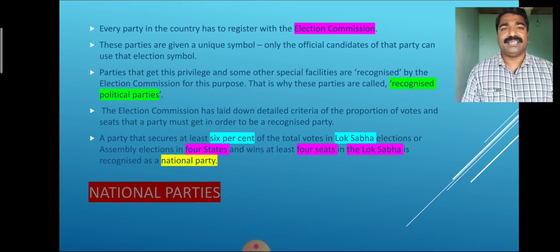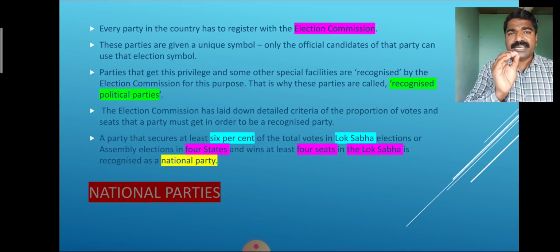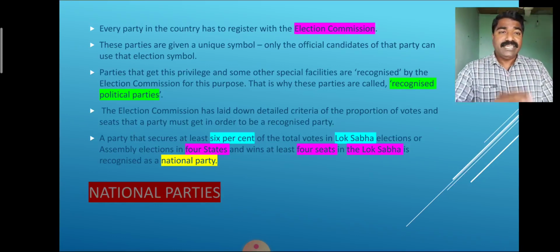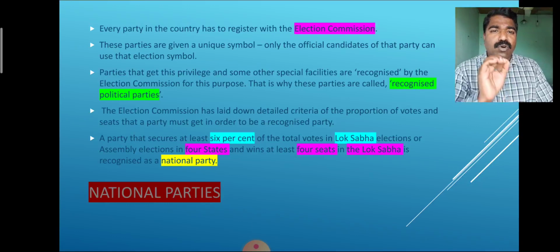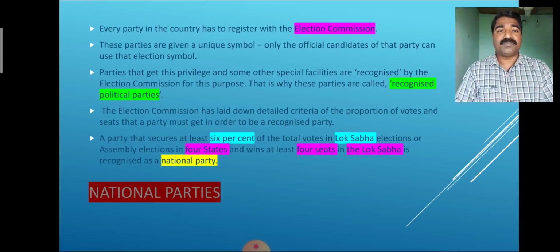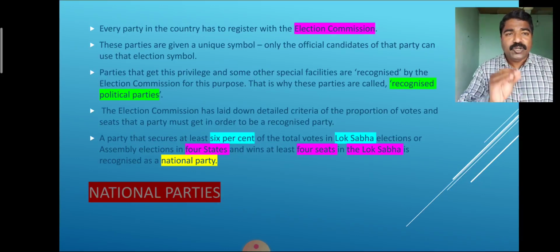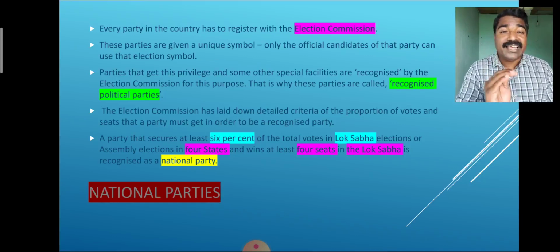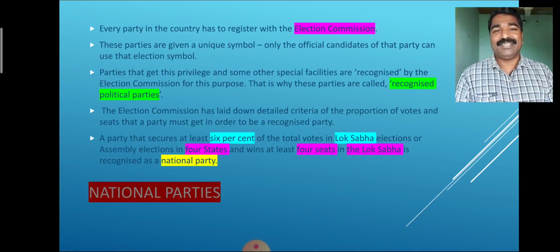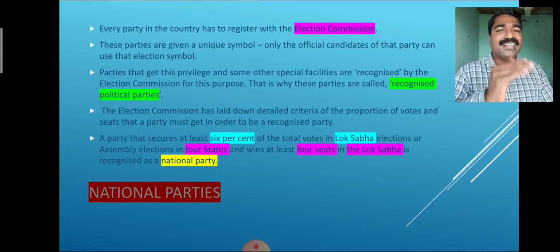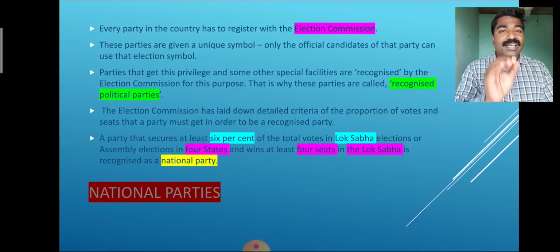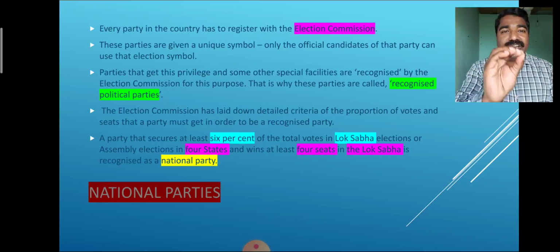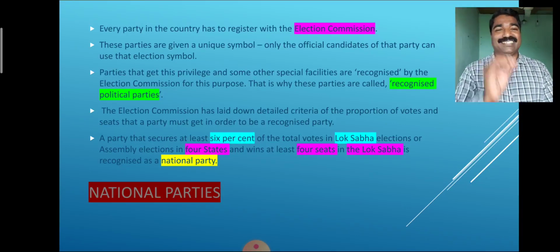The Election Commission has laid down detailed criteria of the proportion of votes and seats that a party must get in order to be a recognized party. You can't be a recognized party unless you fulfill the criteria put forward by the Election Commission.